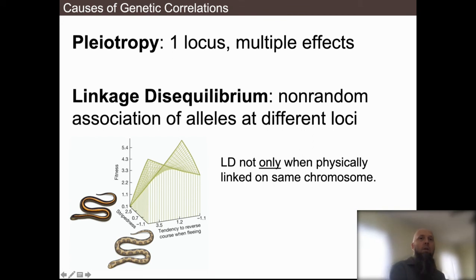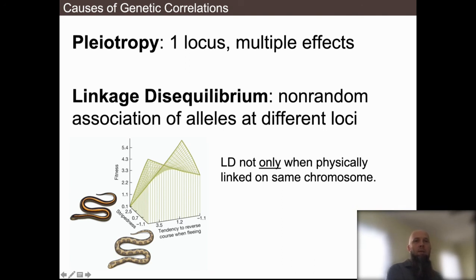This is one locus affecting multiple traits, okay? So mutations to a particular gene, I've talked about an example of pleiotropy with respect to Peter Dinklage, the guy from Game of Thrones, and his achondroplasia dwarfism. That is a single mutation that has multiple effects. So pleiotropy is one cause of these genetic correlations.